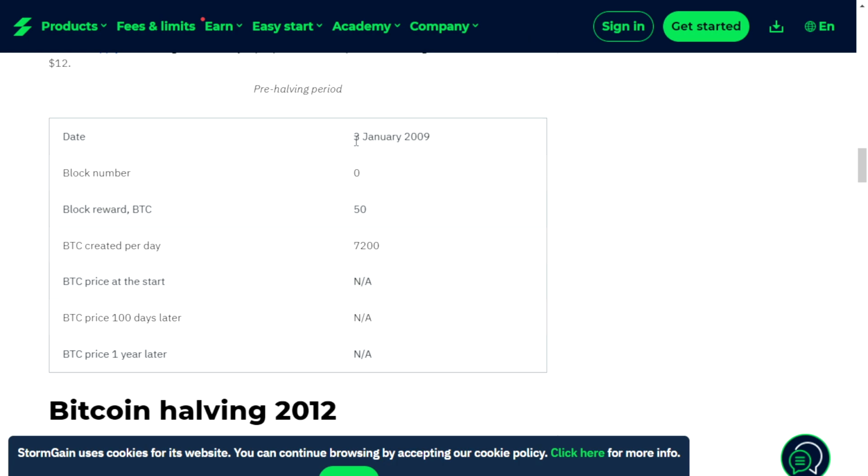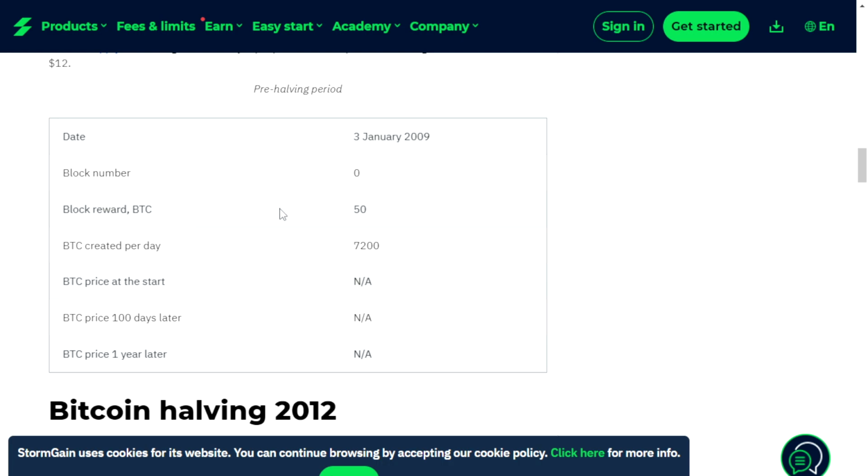So we can see here, Bitcoin started in January 2009. The reward was 50 Bitcoin paid to the miner that did solve that puzzle correctly. And as mentioned, every 10 minutes, this reward would be received on average. And so every day around 7,200 Bitcoin would come into existence, again, starting from 0 on the first mined coin.